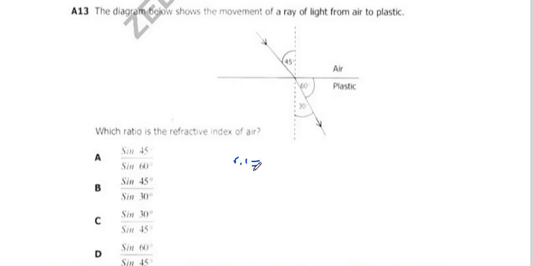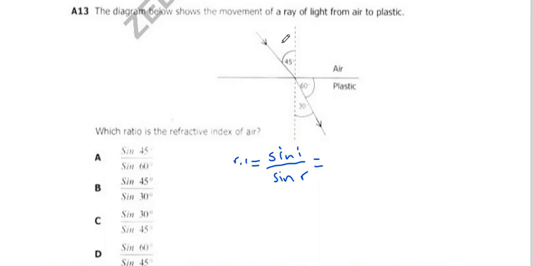Refractive index is equal to sine I over sine R. The angle of incidence there, the refractive angle there. So refractive index is equal to sine of incidence over sine of refraction.